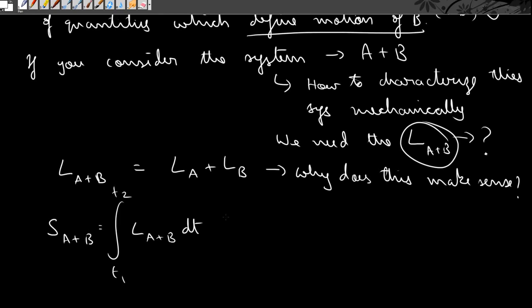Now, the correct path which is followed by A and B will correspond to this action taking the minimum value from the principle of least action, and that path will be defined by the equations of motion for both the particles A and B, which in turn are derived from the Euler-Lagrange equations.